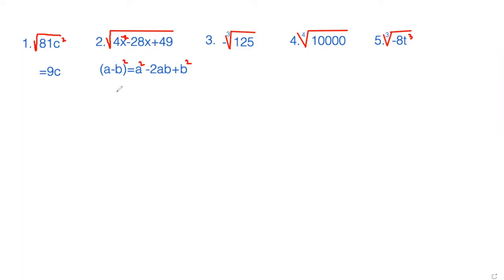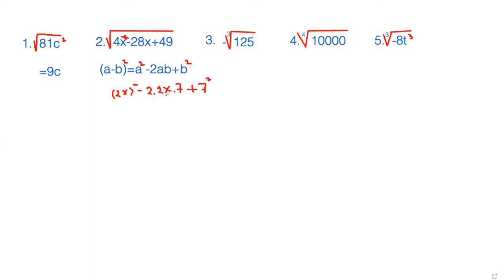So if I break down 4x square, it will become 2x and square it, minus 2 times a, which is my 2x in this case, times b, which is 7, and plus b square, meaning plus 7 square.